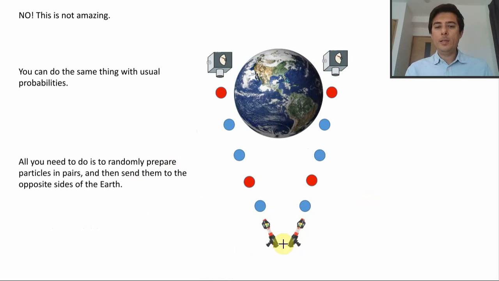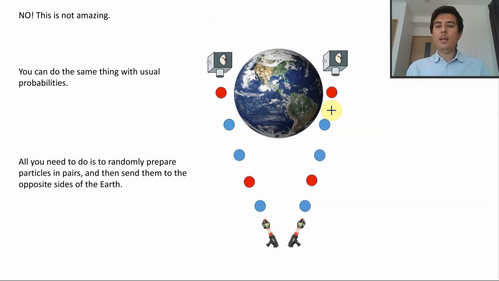For example, say I had a gun that randomly shot blue balls and red balls, and I arranged it so that the order of the balls from these guns was exactly the same, and I kept shooting them towards Alice and Bob.